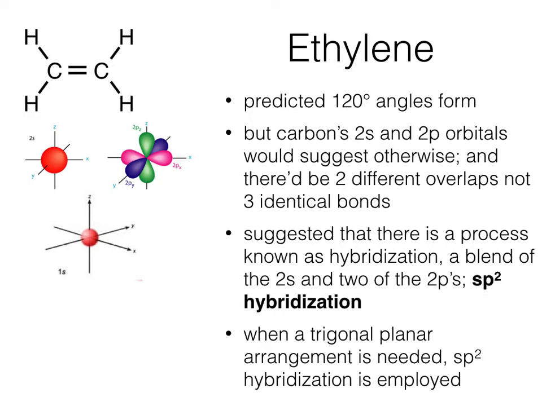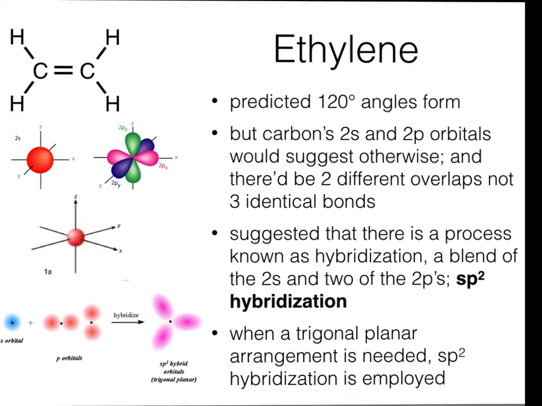What does that look like? Well, here is a 2s orbital being hybridized with two 2p orbitals, and you can see that generates three sp2 orbitals that are equivalent to each other and equally spaced at 120 degrees.